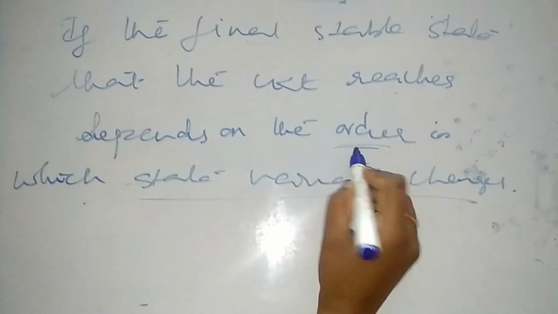Here it depends upon the order, and in the non-critical race we saw that it does not depend upon the order. So let me consider the example so that you all understand the critical race.